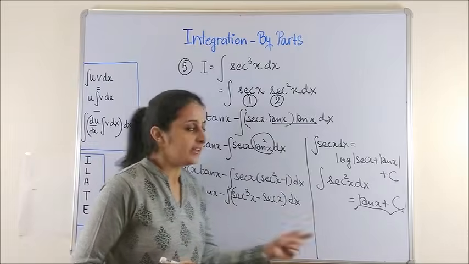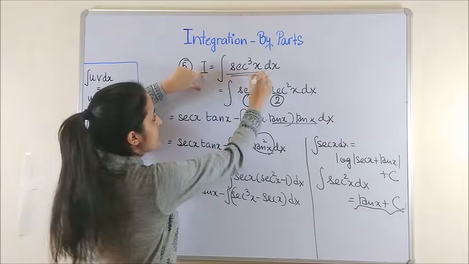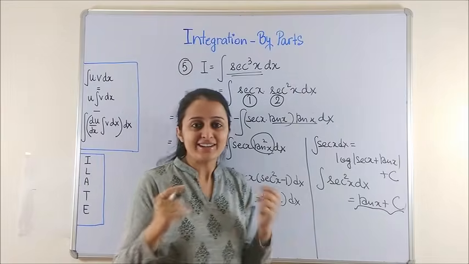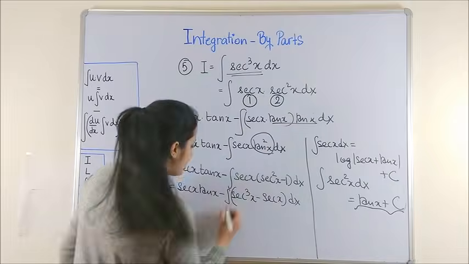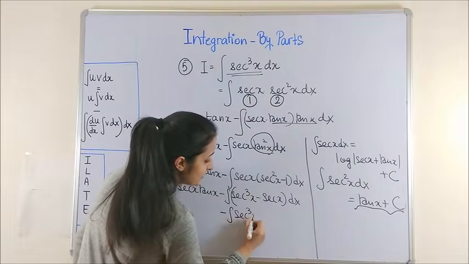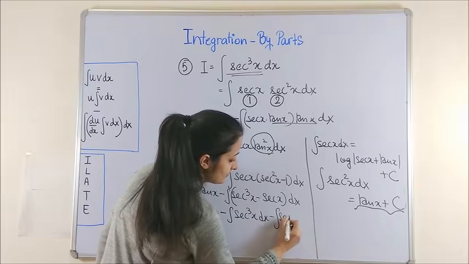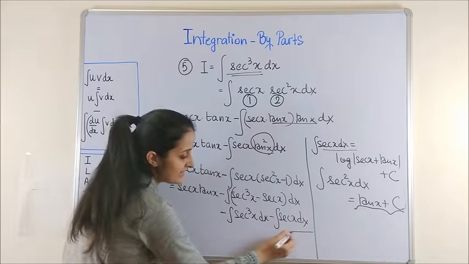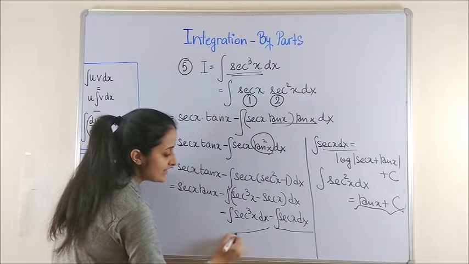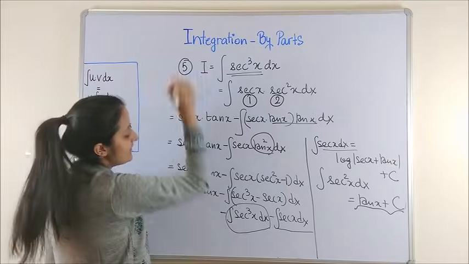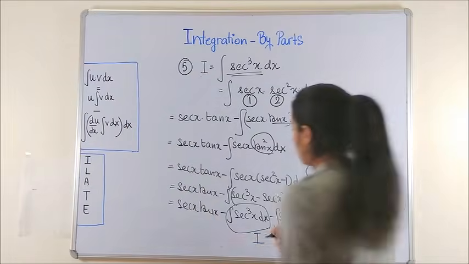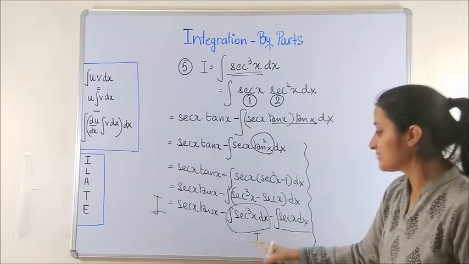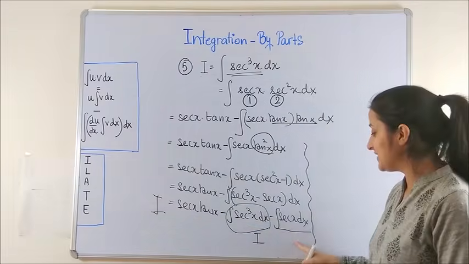Now you must be wondering that we began with secant cube x integral and we've landed into a similar situation. Well, that's exactly what we wanted to do, because if I separate these out, I can very conveniently write the integral of secant x over here, and this entire function is simply replaced with I. And thus, we get I is equal to secant x tan x minus I minus integral of secant x dx.